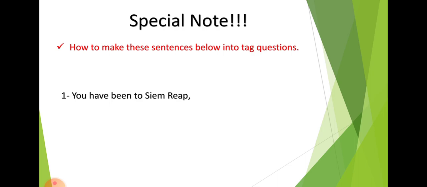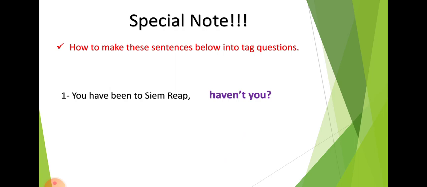Okay, so here with a special note, how to make these sentences into tag questions. Look here: You have been to Siem Reap. So what should your tag question be? The tag question is "haven't you?"